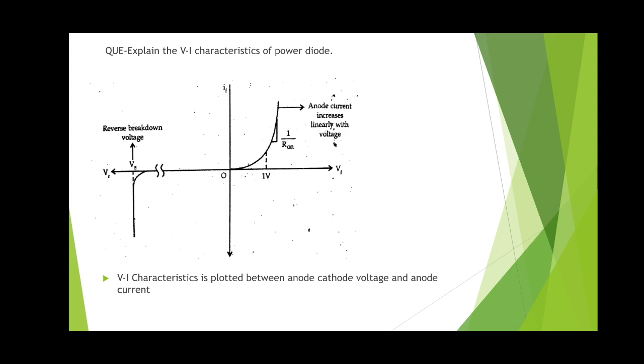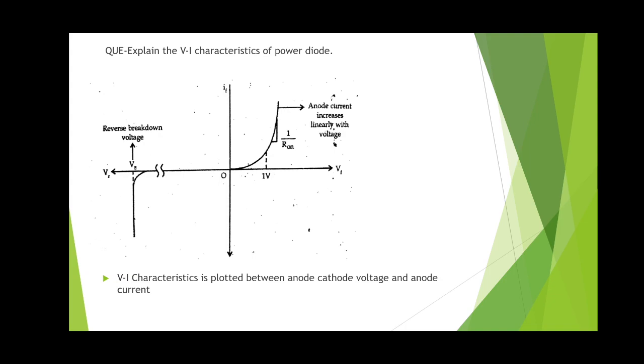In the forward bias condition, anode current increases linearly with voltage. In lower power diodes, current increases exponentially, but in power diodes, the current increases linearly. The linear rise takes place because of the ohmic resistance in the n minus layer, because in the power diode there is an additional layer, that is the n minus drift region, which is lightly doped.